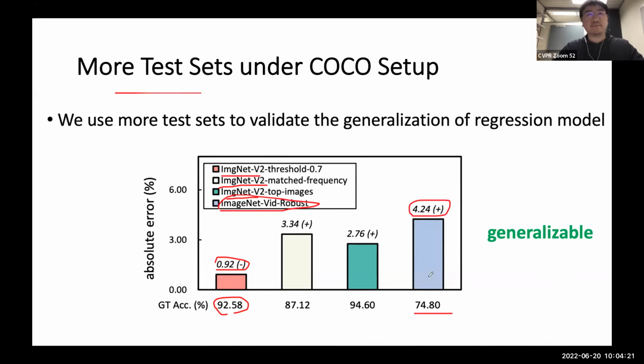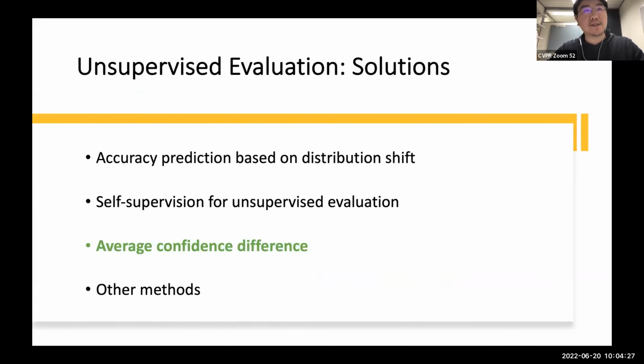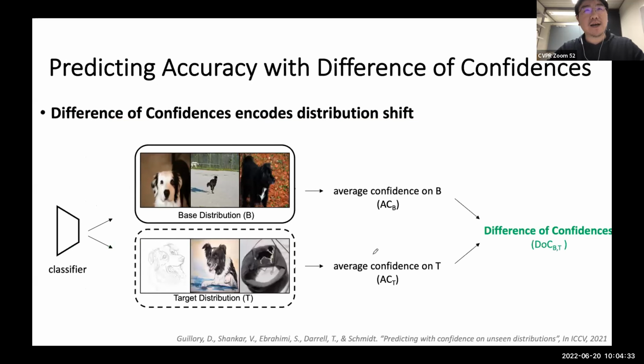All right. So another solution is we use the average confidence difference. The idea is very simple. It was published last year.